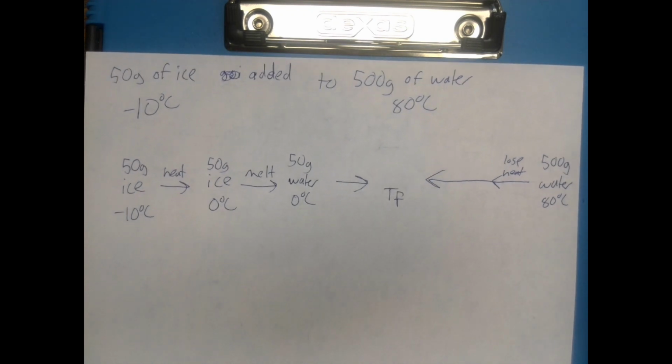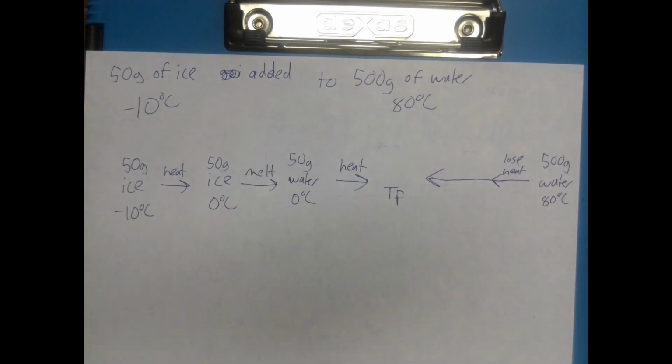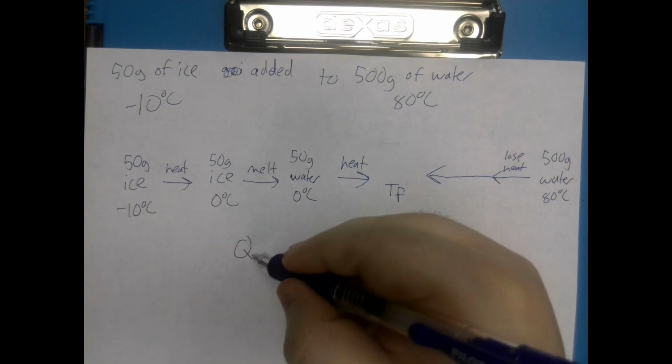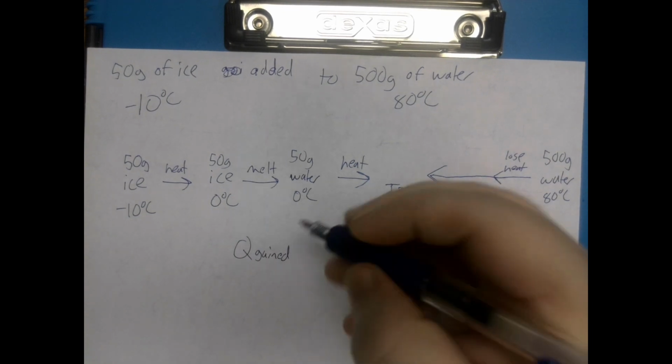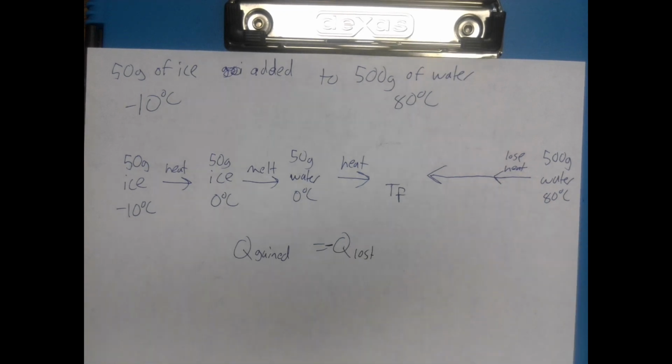So every arrow represents an equation. And we know that heat gained is equal to negative heat lost.